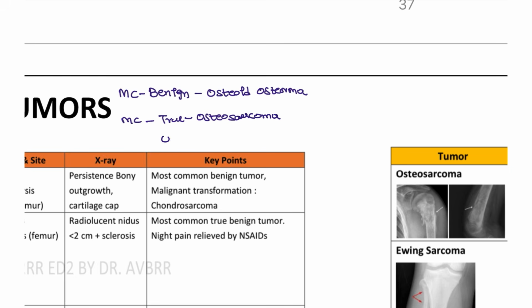Most common overall is the metastasis, more with the prostate compared to the breast. If you don't see the metastasis, then go with the multiple myeloma.